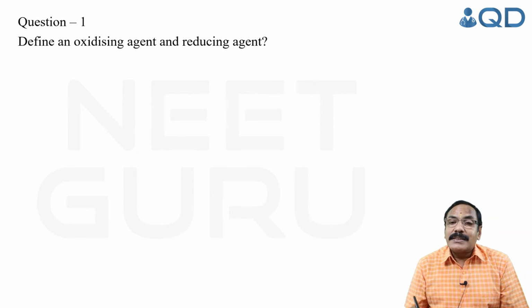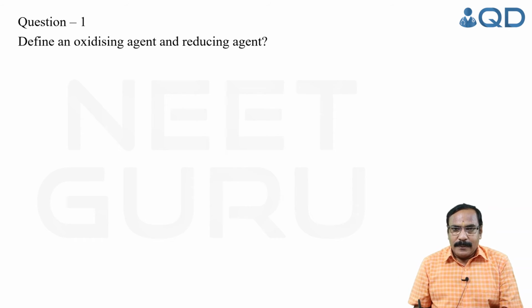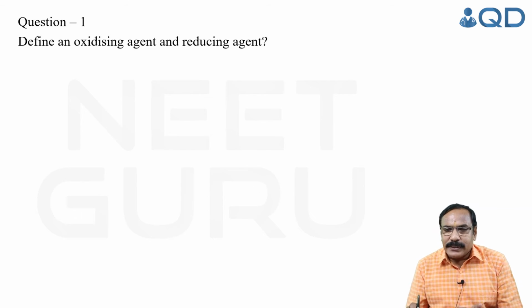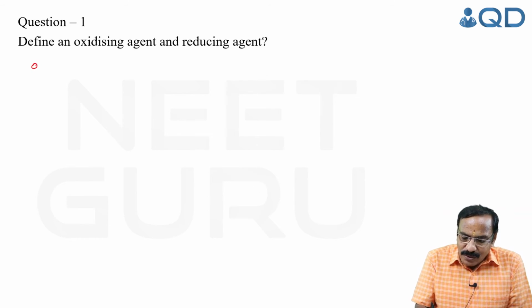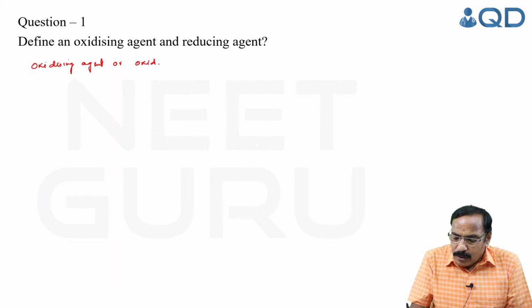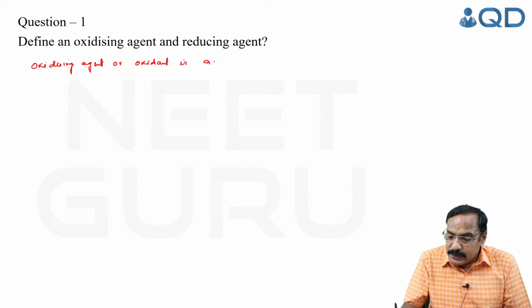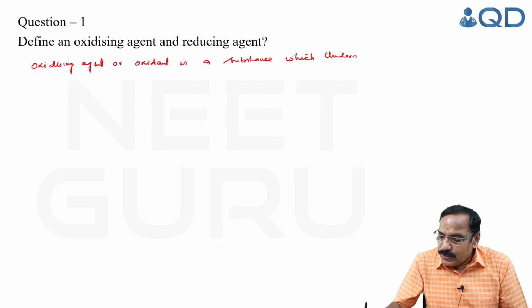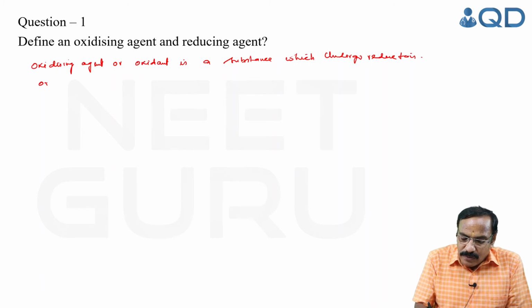An oxidizing agent, sometimes called an oxidant, is a substance which undergoes reduction, or which gets reduced.